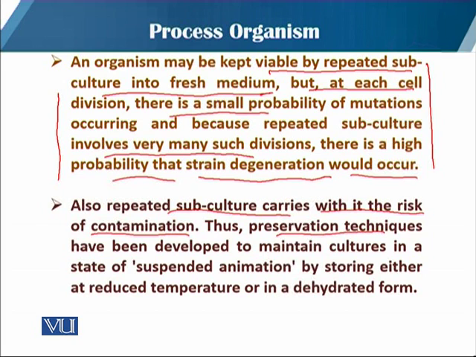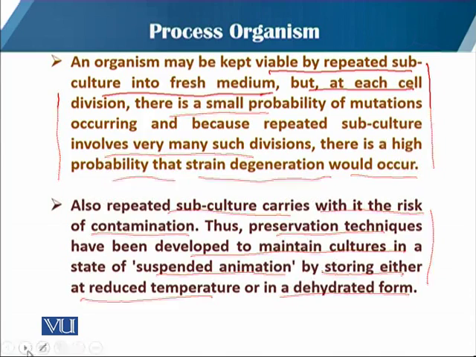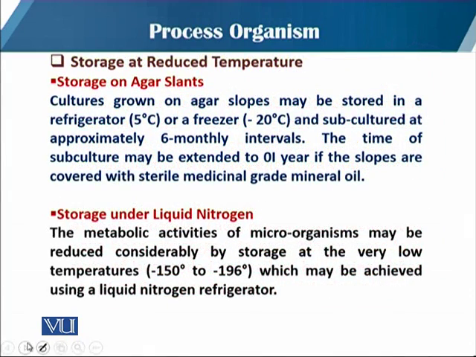Thus, preservation techniques have been developed to maintain the culture in a state of suspended animation by storing it either at reduced temperature or in dehydrated forms. As concerns storage at reduced temperatures, the first choice is storage on agar slants. We store those agar slants on which growth has already occurred in the refrigerator at 5 degrees Celsius or a freezer at minus 20 degrees Celsius, and subculture at approximately 6-monthly intervals.